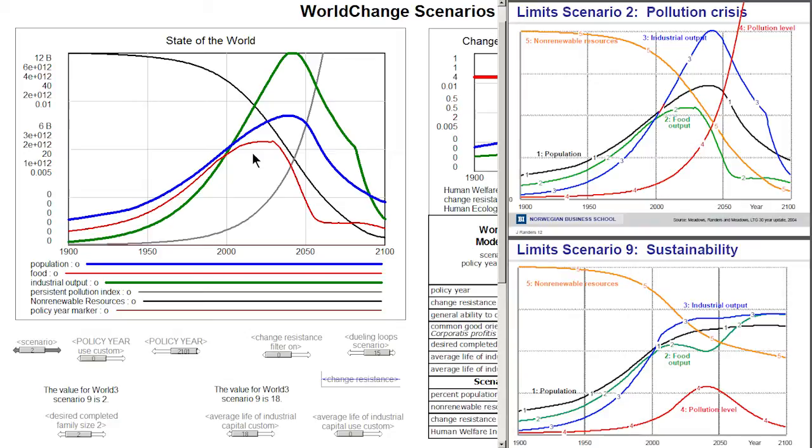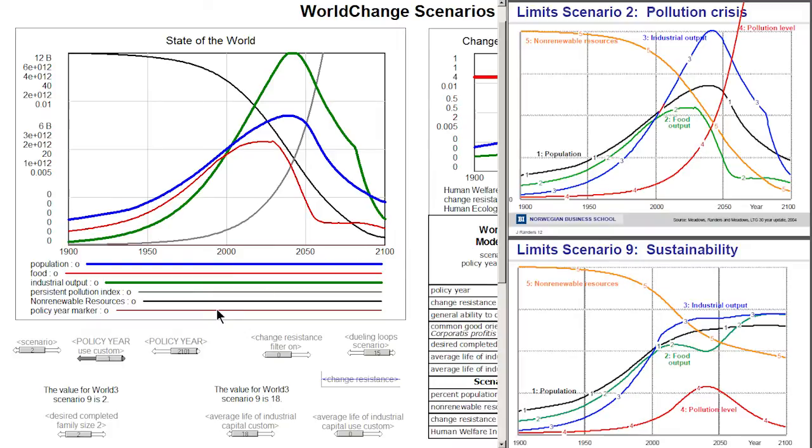We've made another change to the World 3 model by letting you select when the policy year starts. That's the year the World 3 solution parameters start. Let's turn that on. Nothing happens because right now it's set to 2101, which is way over here off the graph to the right.